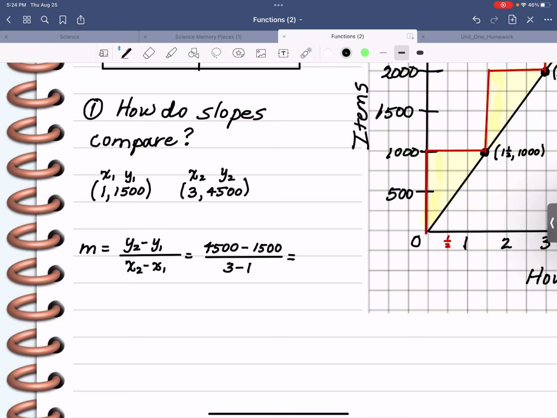So we're left with 3,000 over 2, right? Yes. And that is the same as 1,500 over 1.